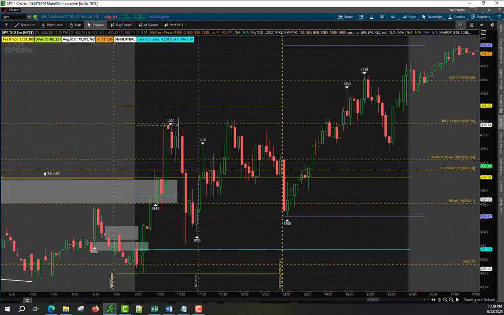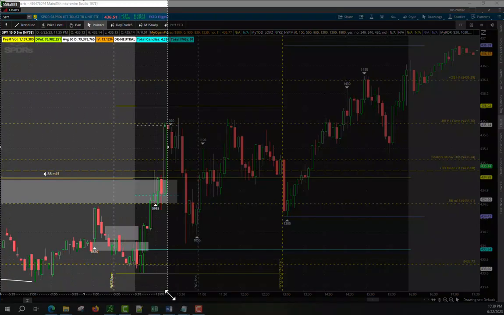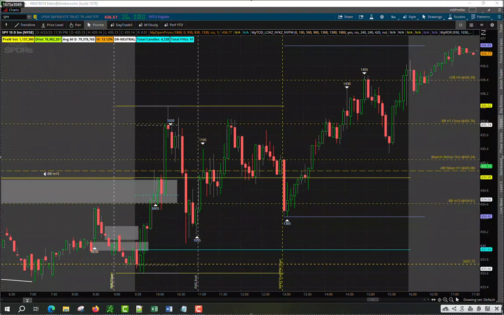Okay, let's log this trade, or log this analysis. Take a screenshot of this, right? So what we are talking about right here, all right, we're talking about two setups that overlap. Okay, let's do one by one first.